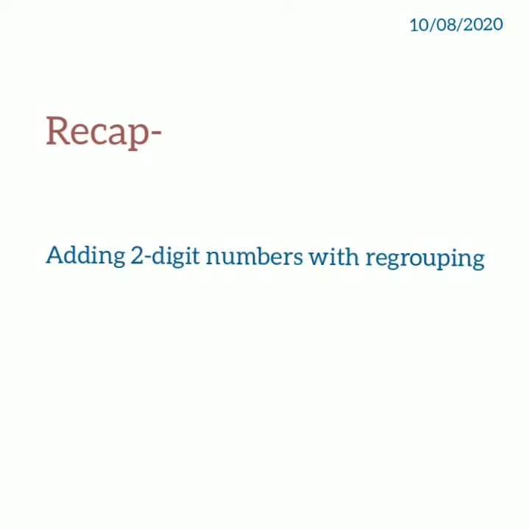That means in some cases we need to regroup the two-digit sum. After that, we carry forward its tens digit to the next place. And we also learned that while adding two numbers, we always begin from the ones place. So I hope all of you are clear. Now let's move on to today's topic.